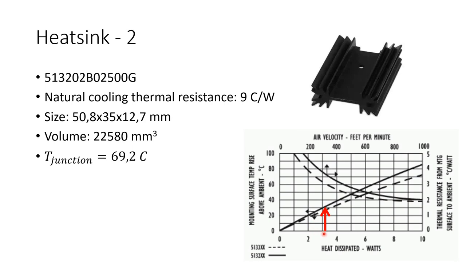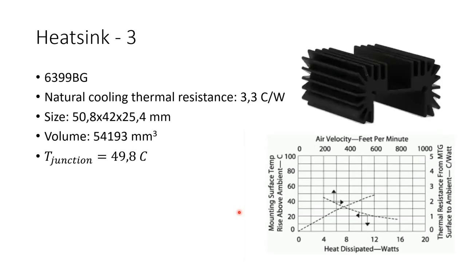Now we can use the graph again to find the temperature rise. We can go up from 3.4 watts of power and find out that the temperature rise is around 33 Celsius. The last heatsink that I have chosen for our tutorial is this one. It has a very low thermal resistance, but it has a very high volume compared to the other two.